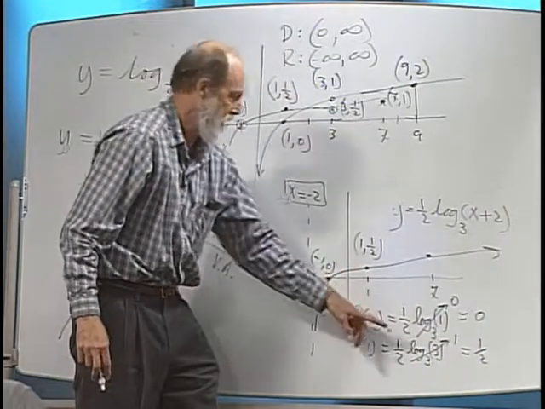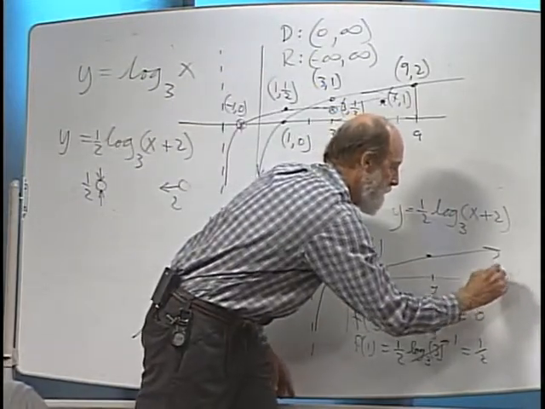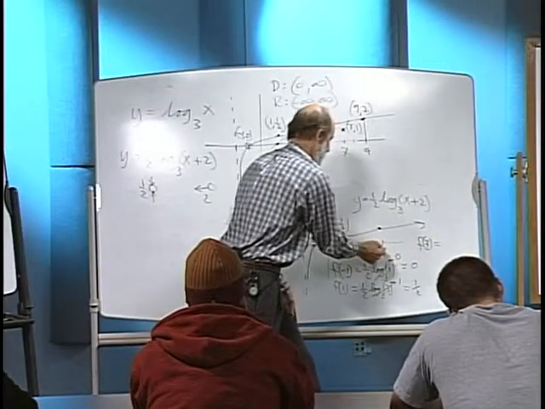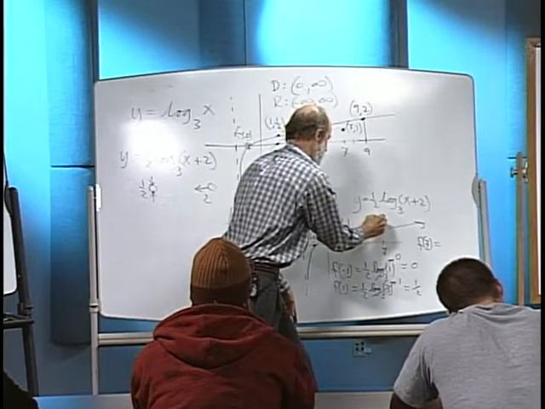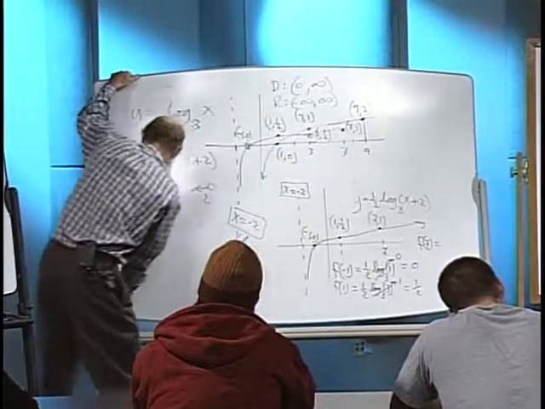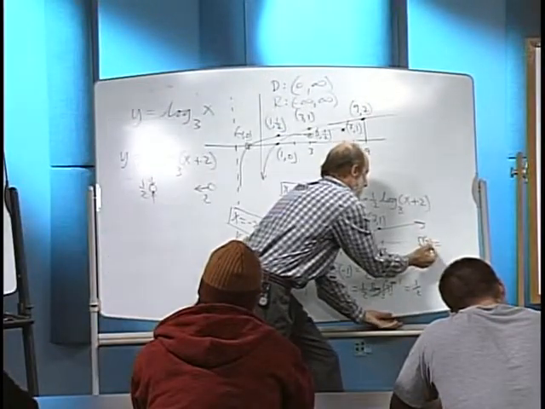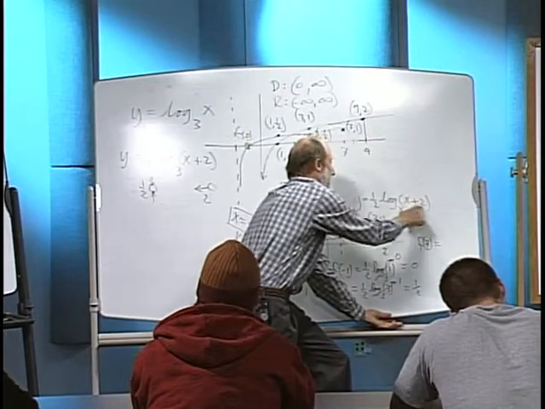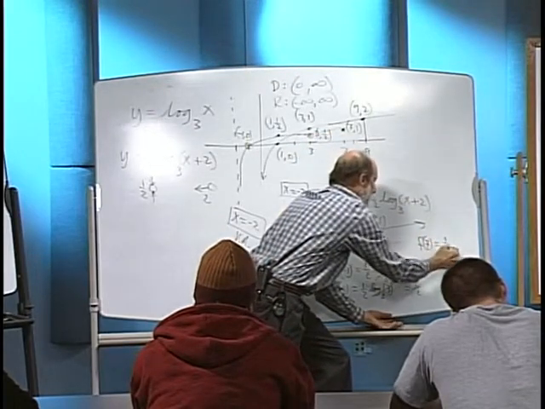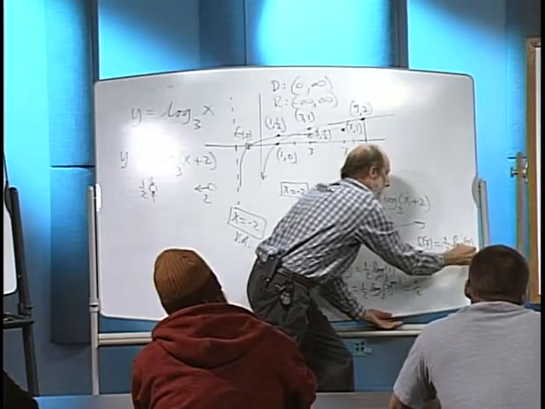And if I put a 7 in, f of 7, checking this point, 7, 1. Putting that in, 7 in here makes this 9. 1/2 of log base 3 of 9.